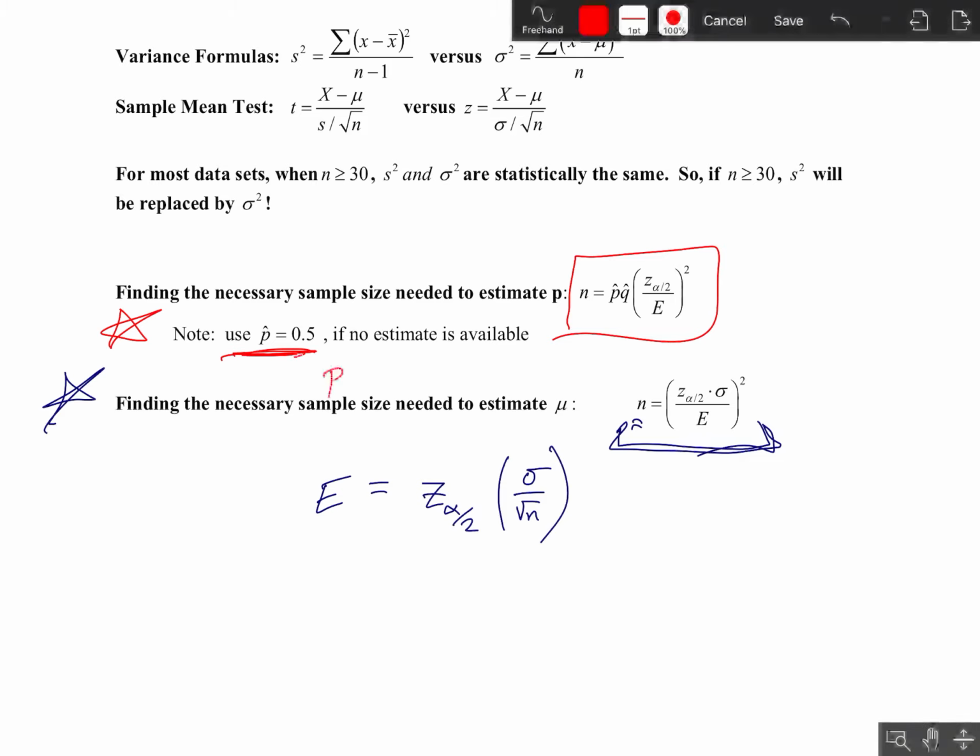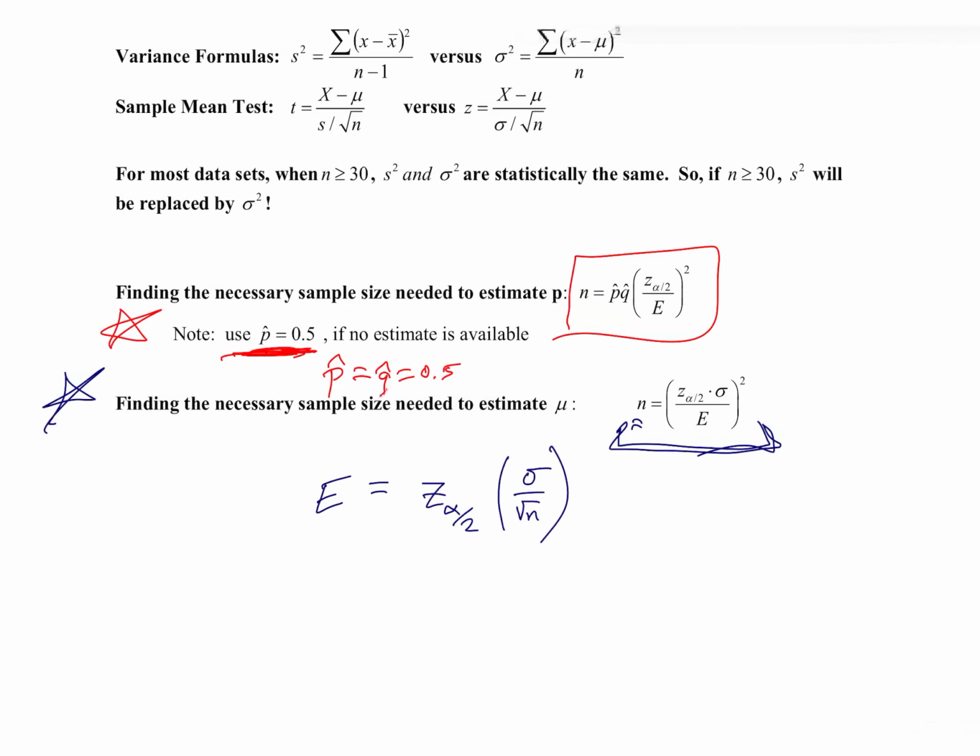Notice that if p hat is equal to 0.5, then so is q hat in this example, because remember p hat and q hat add up to 1. So if you don't know anything about the underlying proportion, you can just use 0.5 as your p hat value and 0.5 as your q hat value if you don't have any estimate for those things. Okay, so that's what we'll use.